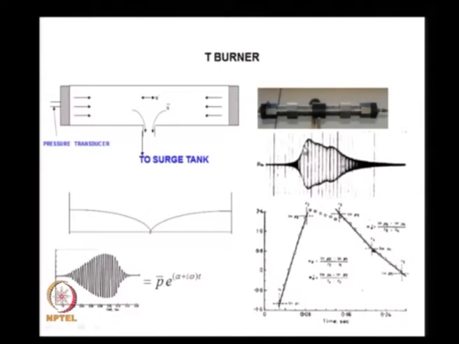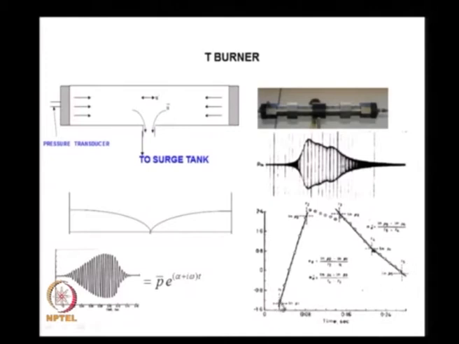Now, if I plot the change of pressure amplitudes as a function of time, maybe on a log plot or otherwise, I find the pressure increasing and the pressure decaying like this.